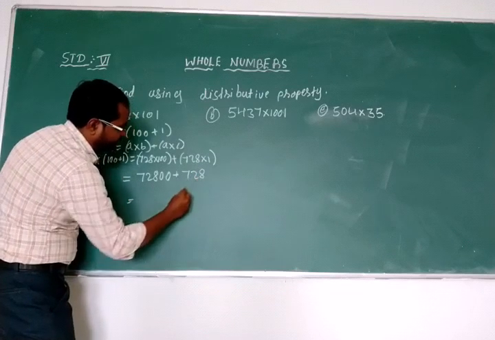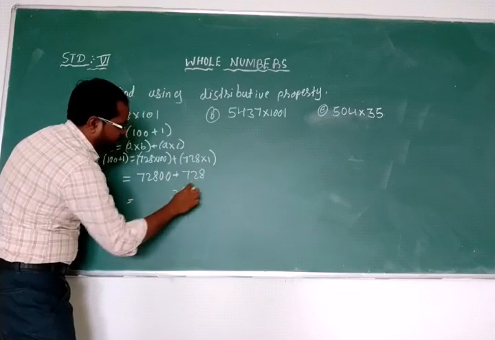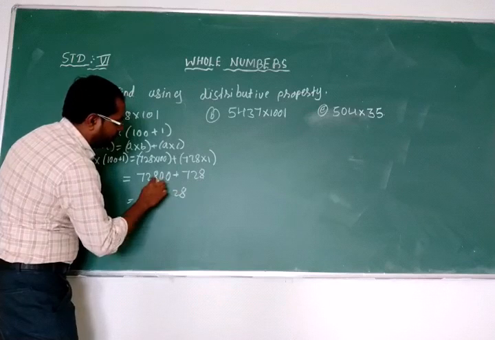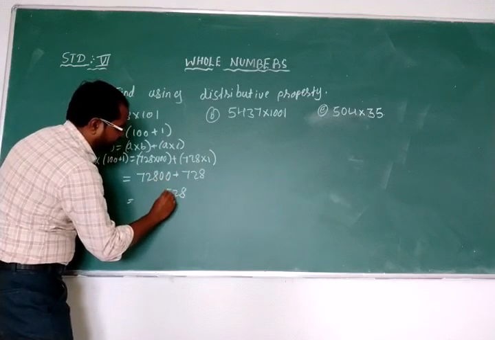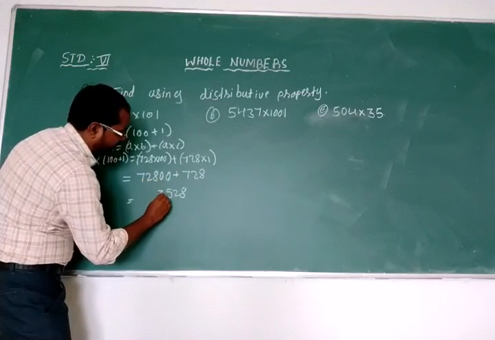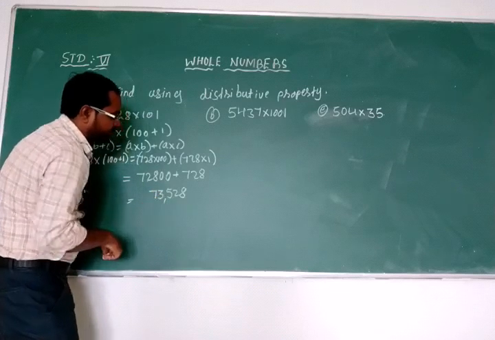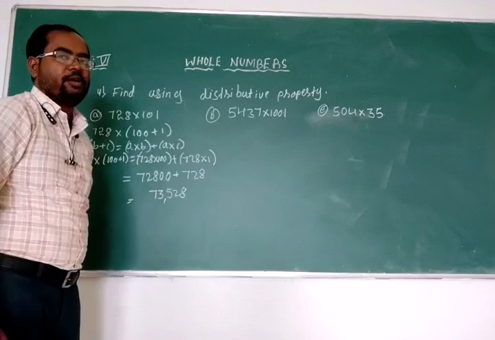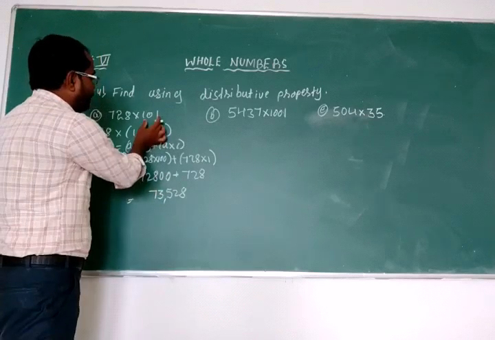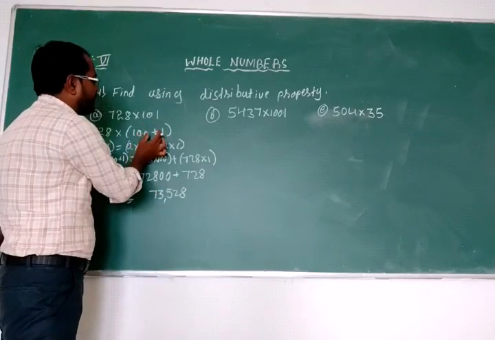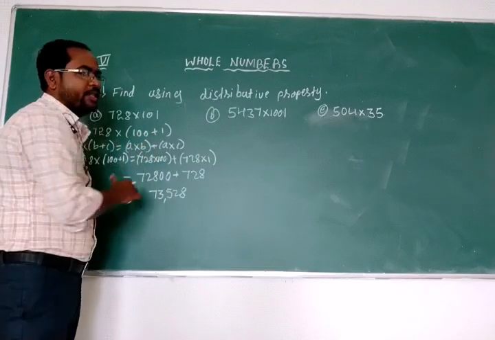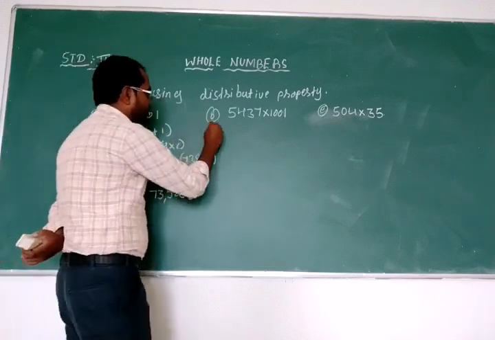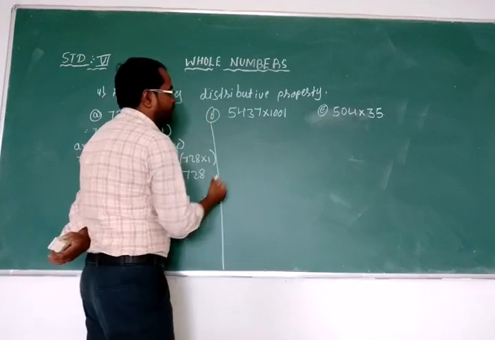On adding, you will get 28: 0 plus 8 will be 8, 0 plus 2 will be 2, 8 plus 7 will be 15, carry over 1, 2 plus 1 will be 3, so 7 remains as it is. So on multiplying, you will get 73,528. So first thing, split this number and write it as 100 plus 1, so then you can apply the distributive property.